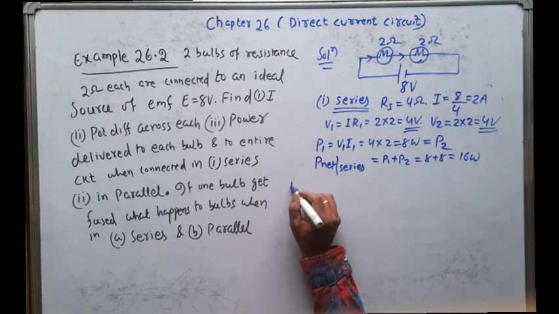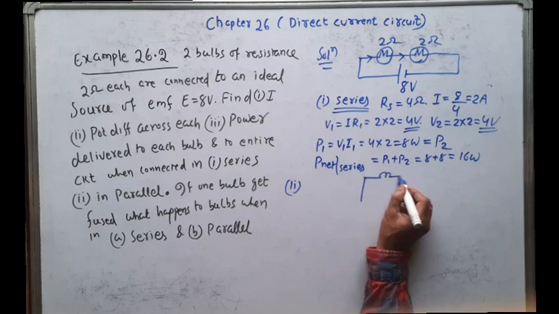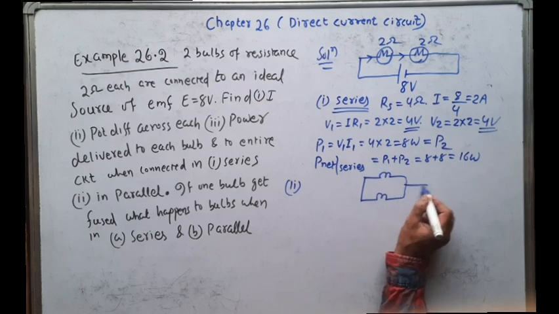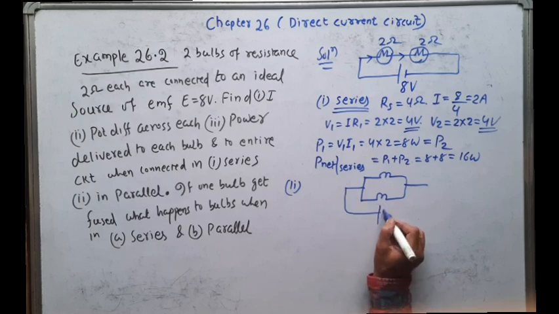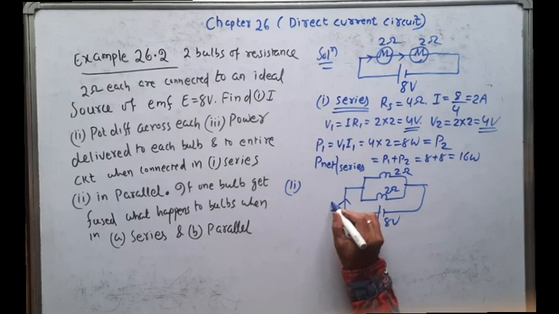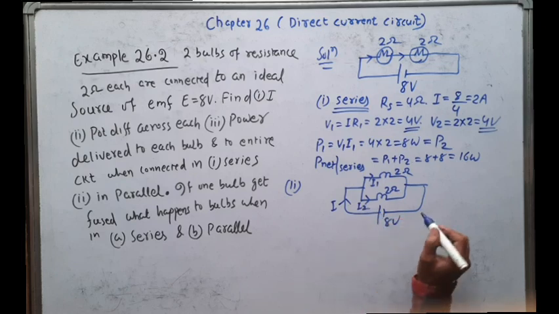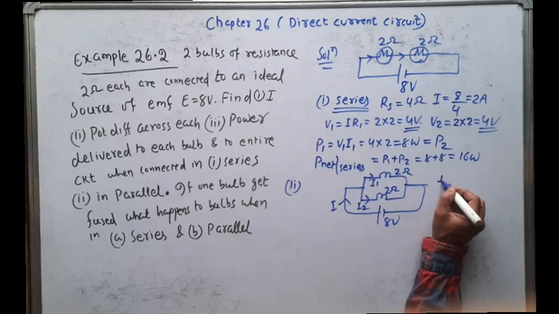Okay, come to the second part. You see, the two bulbs are now connected in parallel across the same voltage source, that is 8 volt. Here 2 ohm, here 2 ohm. The total current is I. Here the current is I1, here the current is I2. Now we have to find the value of I1.